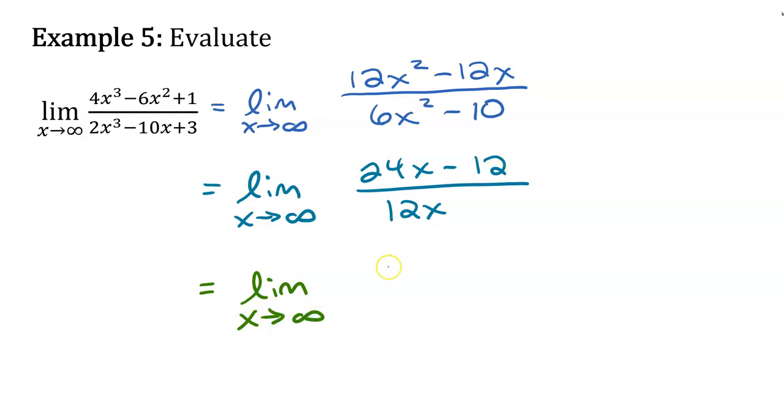The derivative would be 24 over 12. Okay, now that we can do. And that would just be 2, of course. So you can apply L'Hopital as many times as you need to evaluate the limit as you are required.